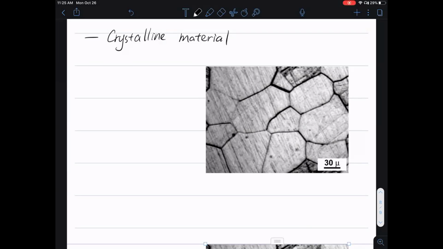Inside of each grain is a single crystal, which means each grain is going to have different orientations in terms of their crystalline structure. And I want you to give me a guess. Tell me if this material breaks, how that break looks, how that fracture surface looks.